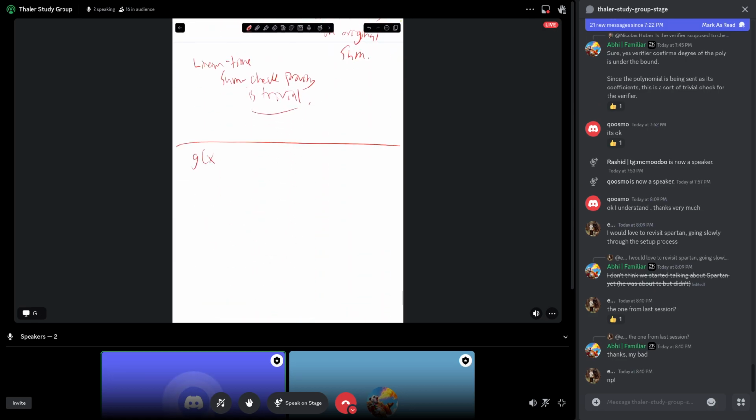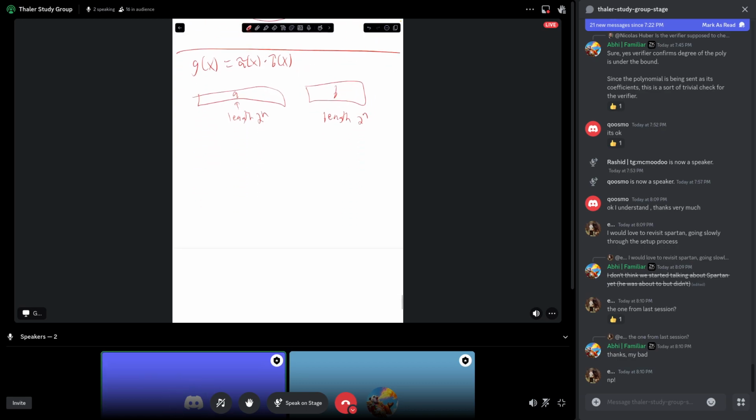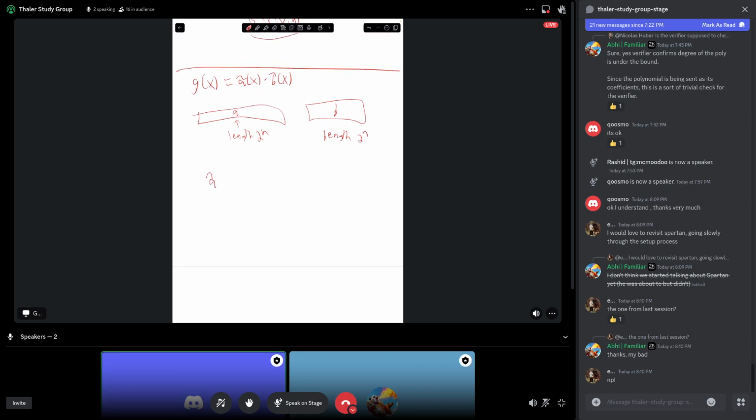Let's pretend g of x was just A-twiddle of x times B-twiddle of x, where A is a length 2^n vector, and so is B. If I want to evaluate A-twiddle at a point, that will take order 2^n time if A is an arbitrary vector, using multilinear Lagrange interpolation. So that seems really bad.